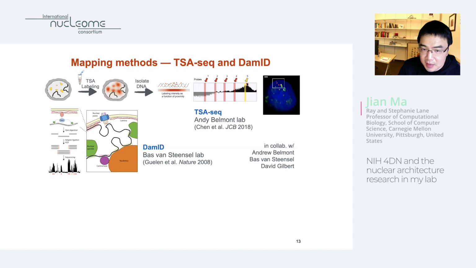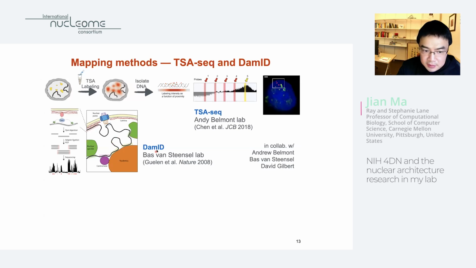If the genomic signal is high, it means that this particular genomic region is closer to the protein of interest. In this case, this is the SON protein, which is localized in nuclear speckles. So in this region, about 4 million base pairs long, you can see that these 5 different probes are reflecting the trajectory from the nuclear periphery all the way to the nuclear speckle.